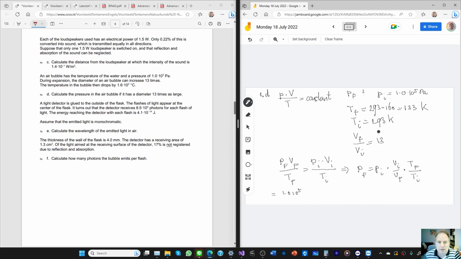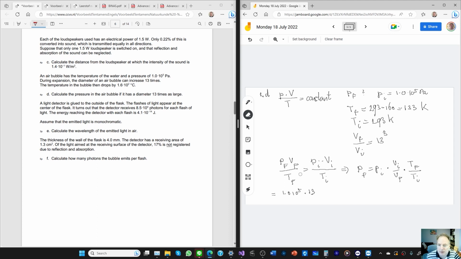And this is actually not correct. They say the diameter increases 13 times. So the volume, I should have a cubed here. The volume is proportional to the cube of the diameter. So you get V initial divided by V final, and this is actually the inverse.